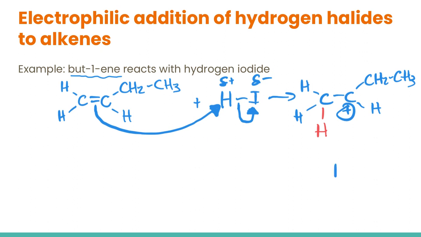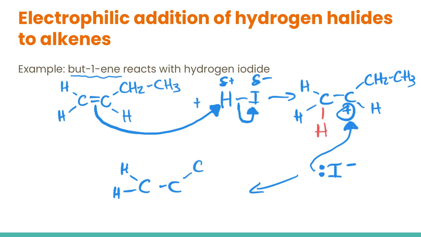By doing that, we've generated a nucleophile. So we have a lone pair of electrons on this iodine, and that is now going to attack the positively charged carbocation center, and that is going to produce our final products. So we've got our CH3, we've got this. I'm going to leave it written the same way just so we can see where things are. And then in red, I will put our two new atoms here.